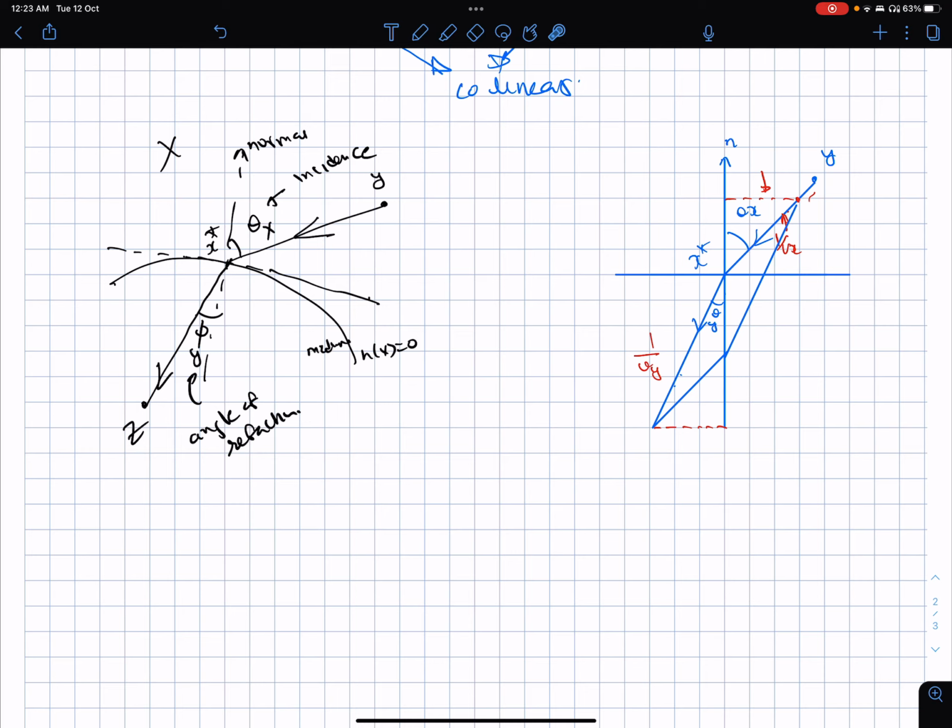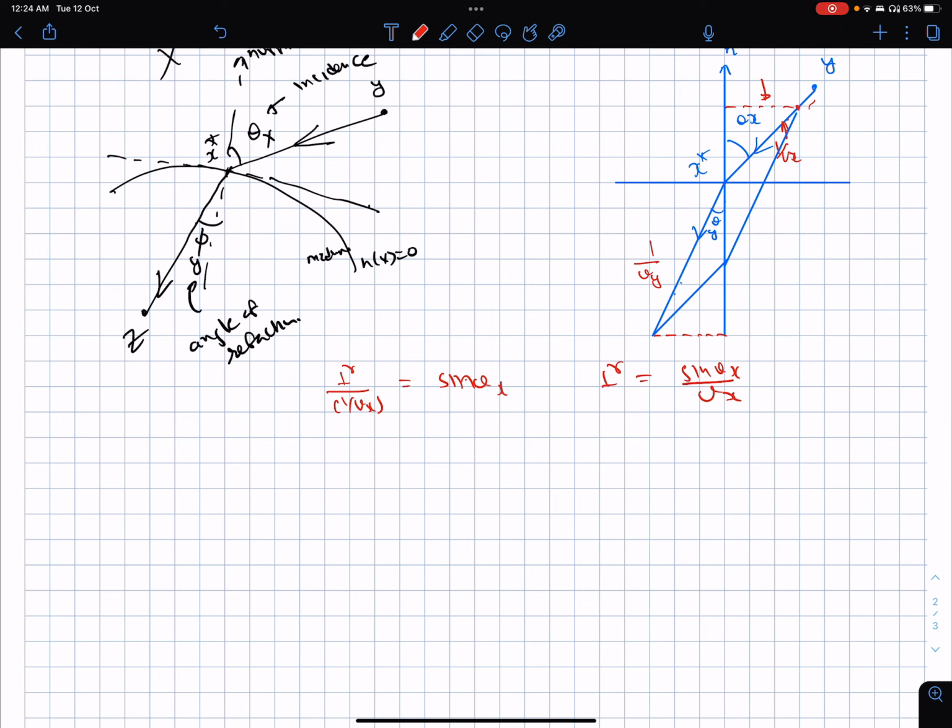So the perpendicular divided by 1 by Vx, which is the hypotenuse, should be equal to the sine of theta x, which means that this perpendicular is sine theta x by Vx.